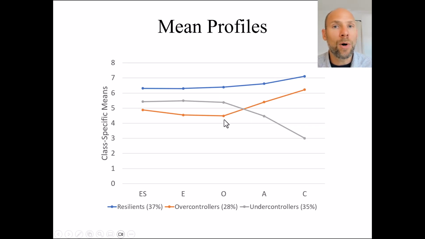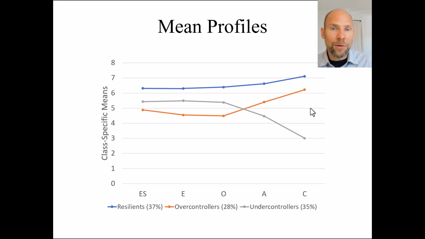That makes it more interesting than when we have only low, medium, and high profiles. So typically we're looking for a solution where some of these profiles crisscross, because that indicates that there are some interesting qualitative differences potentially between the profiles.